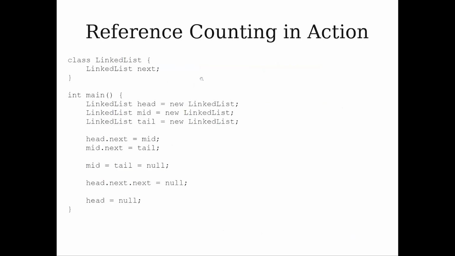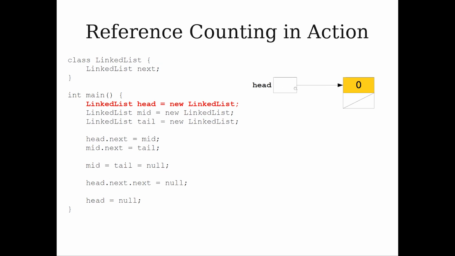So here is a very, very simple example. We are creating a linked list with 3 elements and then we are manipulating it. When we create the first element, head points to it. Head itself sits on the stack. Head is a variable, and it holds a reference to an object in the heap. This is a Java-like program, so you have to understand the difference between reference and pointer.